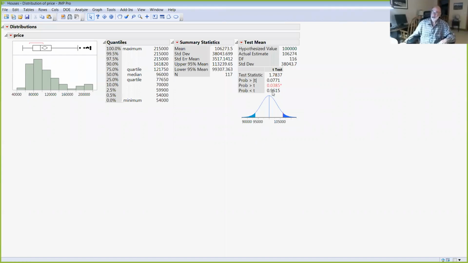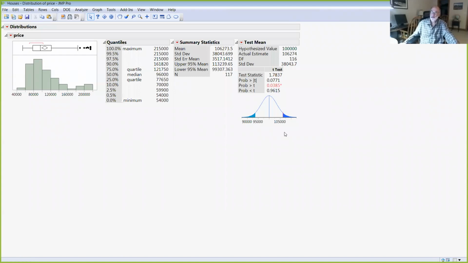The other p-value, 96%: these two one-sided p-values always add up to 1. So basically, if this is 3.8%, this one's got to be 96.2%.